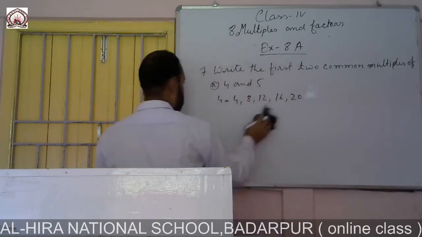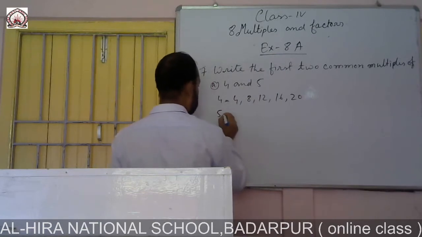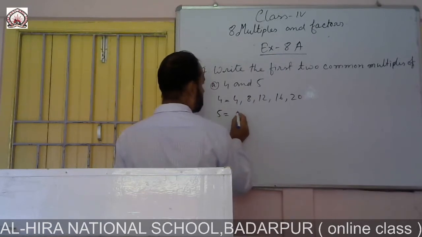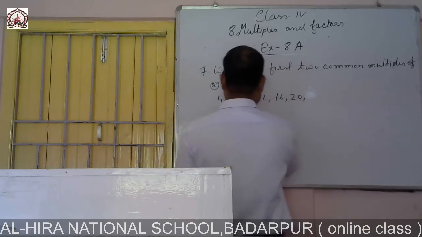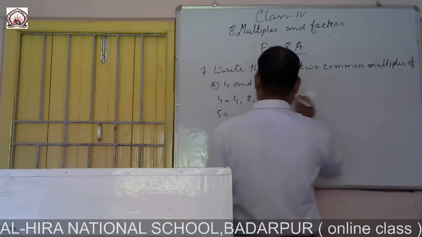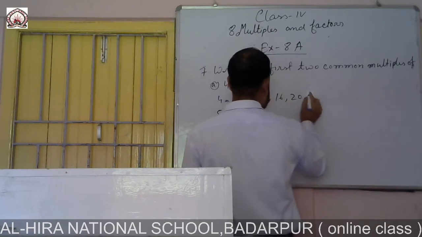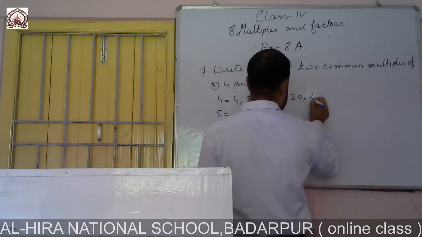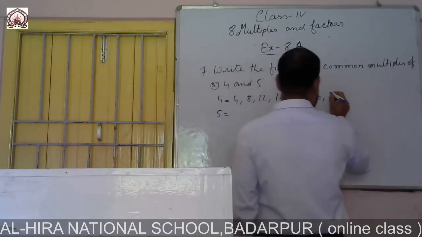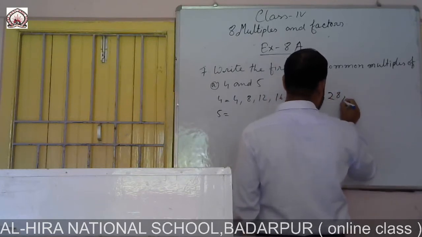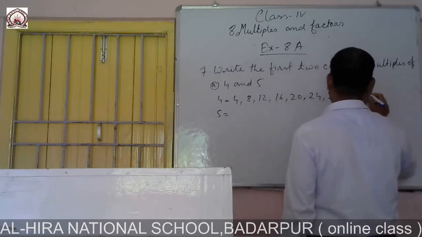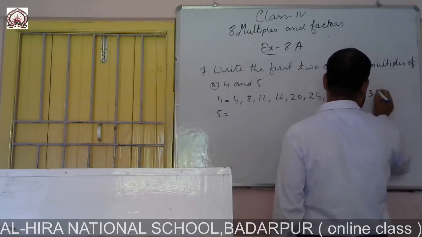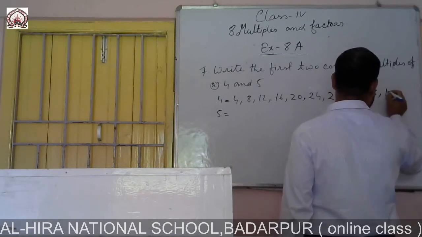Okay, if needed. 4 6s are 24, 4 7s are 28, 4 8s are 32, 4 9s are 36, and 4 10s are 40.